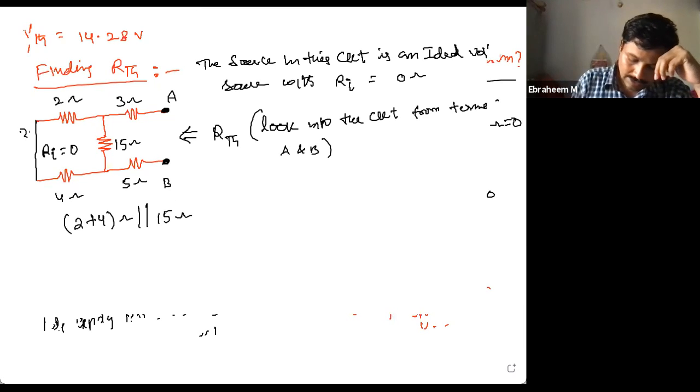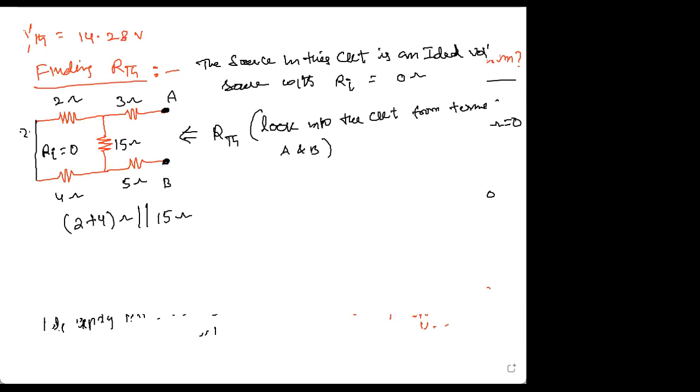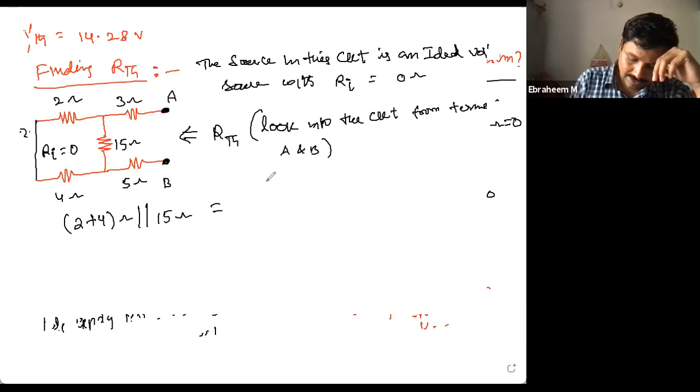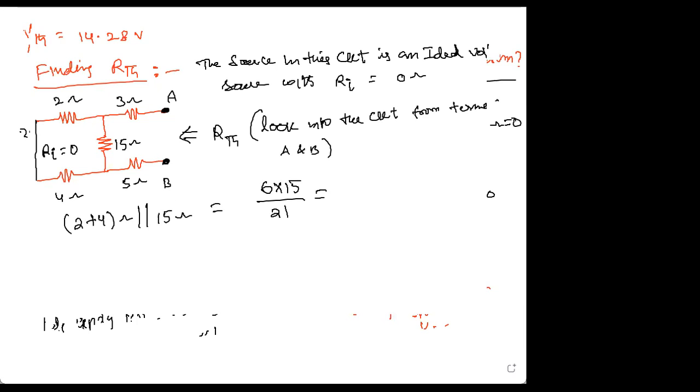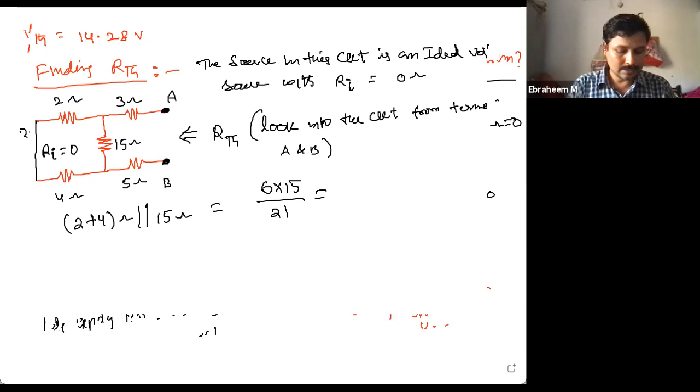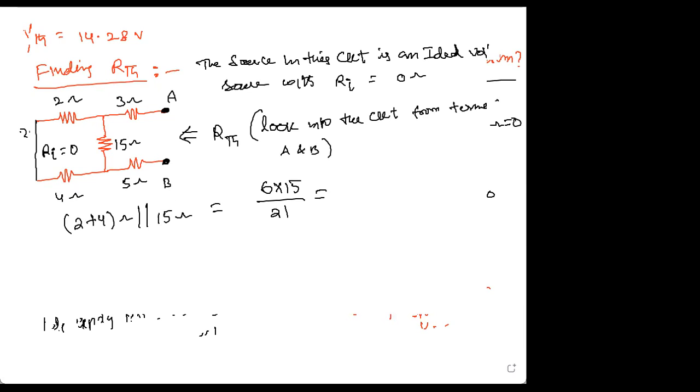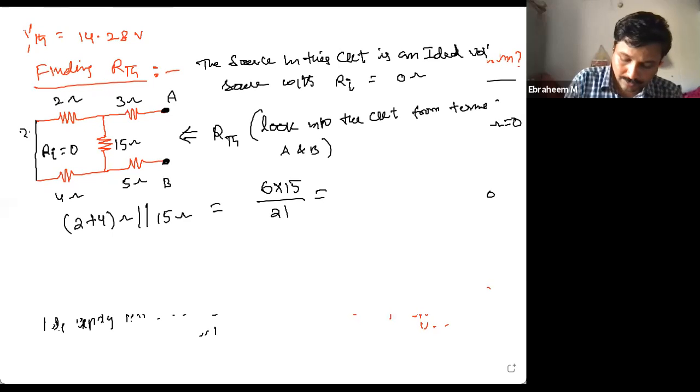So that's equal to 6 into 15 by 21. How much is this? 4.28 ohms, right? Now, is it clear?